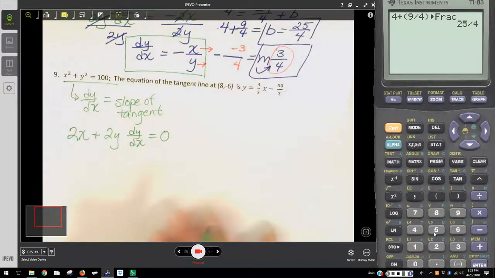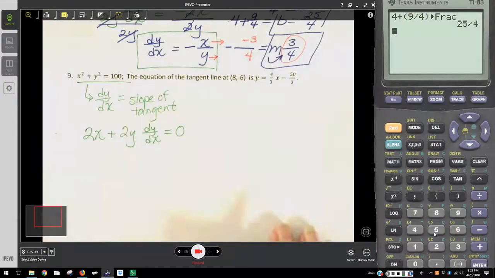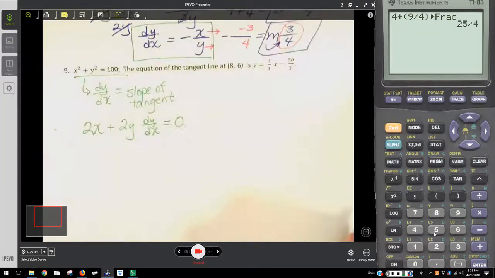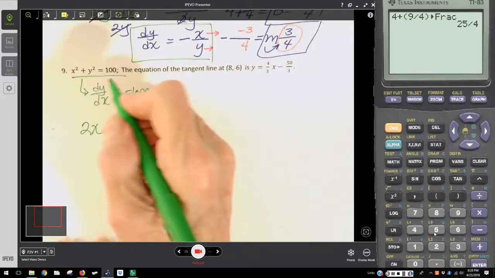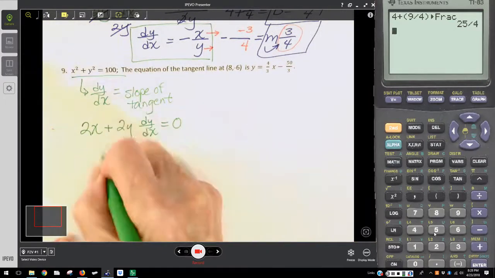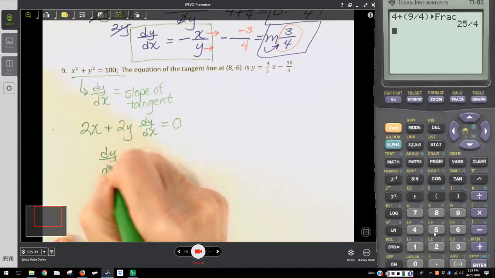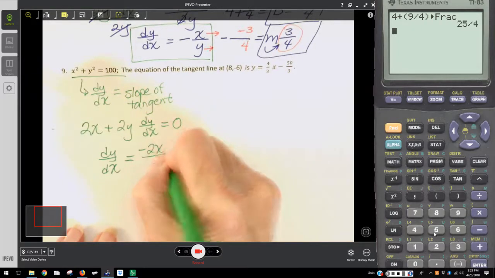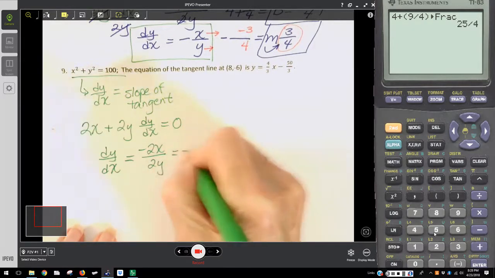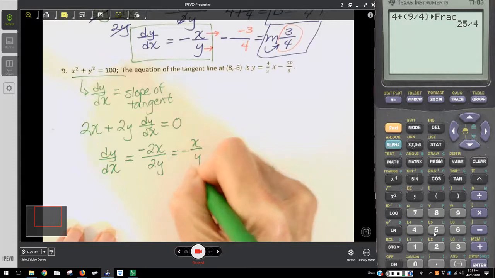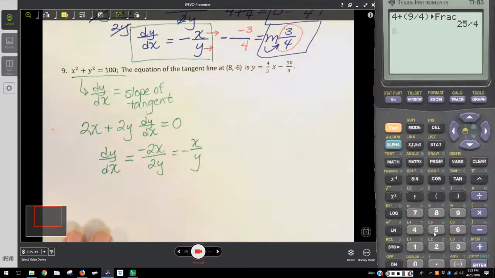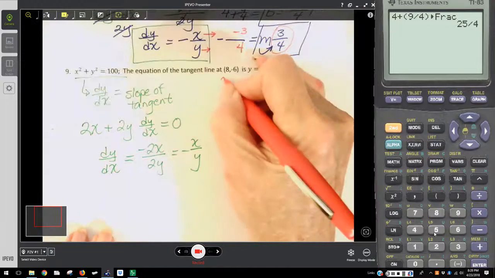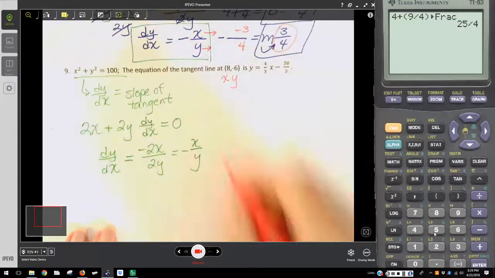So an interesting thing that you might want to remember here for a little shortcut is, as long as you've got x squared plus y squared equals a constant, the derivative, dy over dx, is always going to be negative x over y. And the only thing that's changed here now is that x is 8 and y is negative 6.